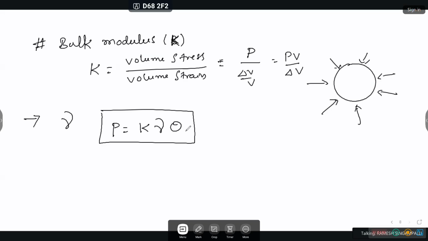Once again, if a block of coefficient of cubical expansion gamma is heated through a rise in temperature of theta, the pressure to be applied on it to prevent its expansion is P is equal to K gamma theta. Write that down, bulk modulus.